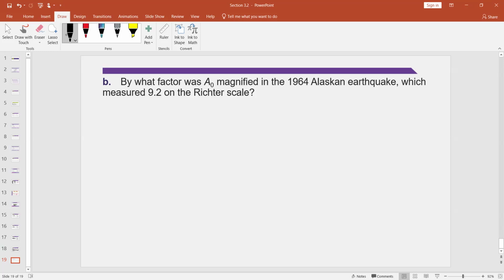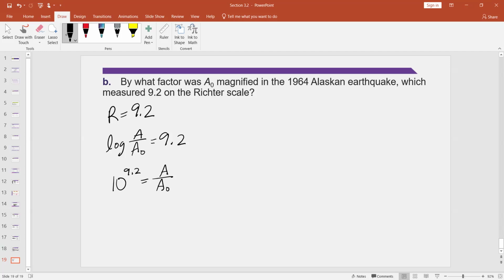So in this case, we know the Richter scale. So that means that R equals 9.2. So we have log of the amplitude over A0 equals 9.2. Now we can switch it to exponential form. By switching it to exponential form, we have our base to the power of 9.2 is equal to the amplitude over the reference.